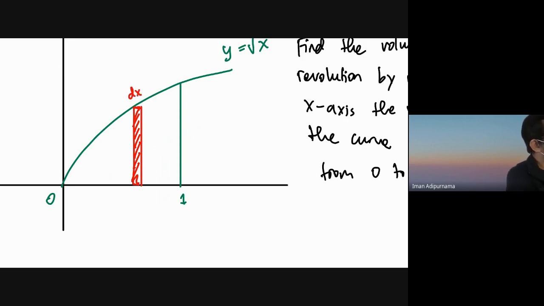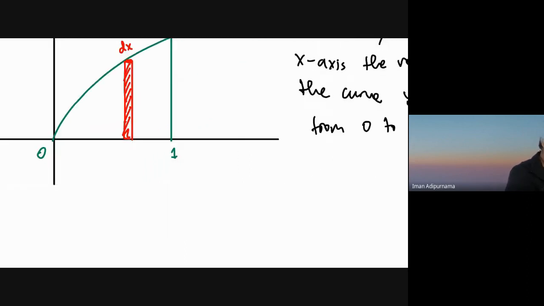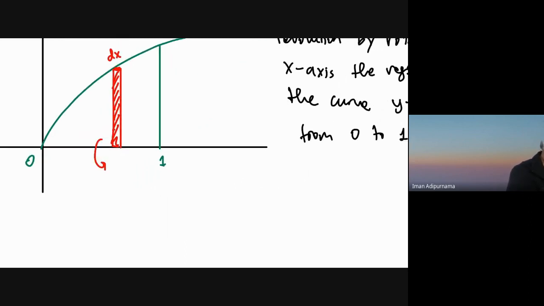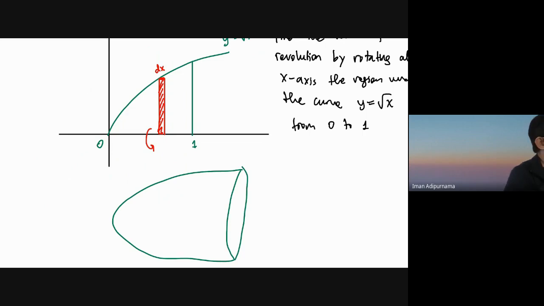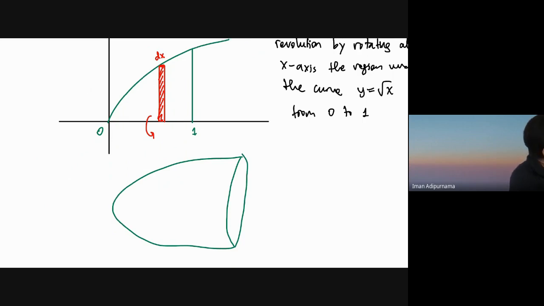What's important in this calculation is remember that I told you about the disk. If we take this into our rotation, it will have that kind of shape. All points we rotate, and we have this kind of shape.